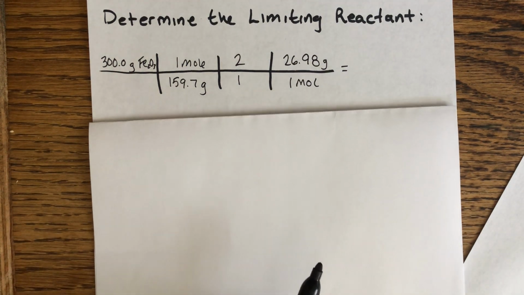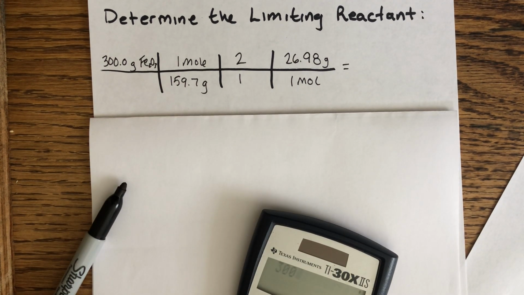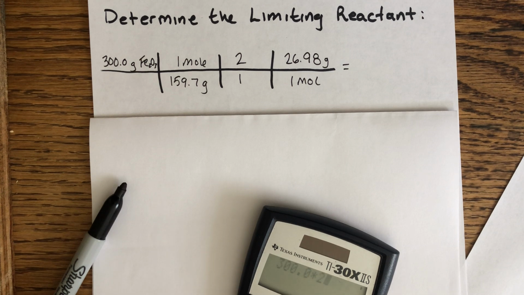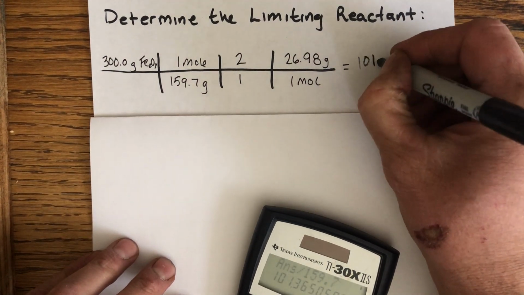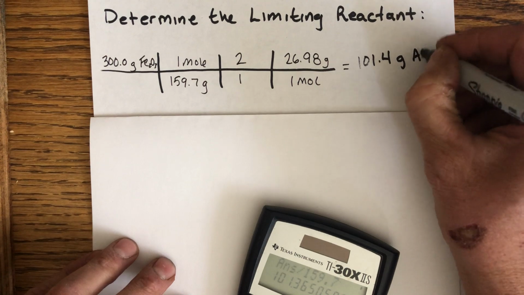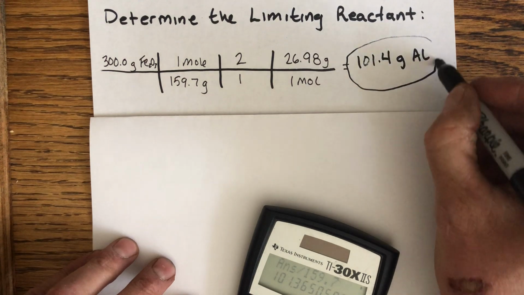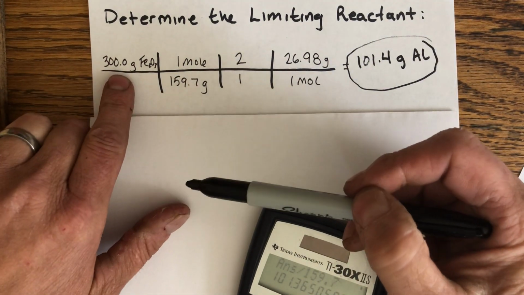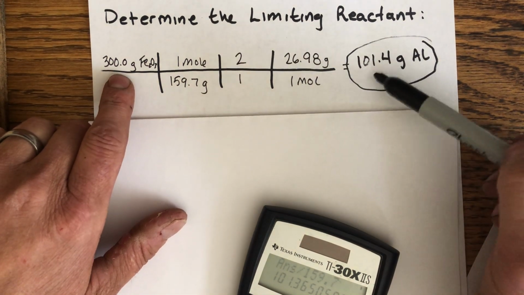Okay, let's calculate this. 159.7, 101.4 grams of aluminum, right? So to consume all 300 grams of our iron oxide given in the problem, it's going to take just over 100 grams of aluminum.